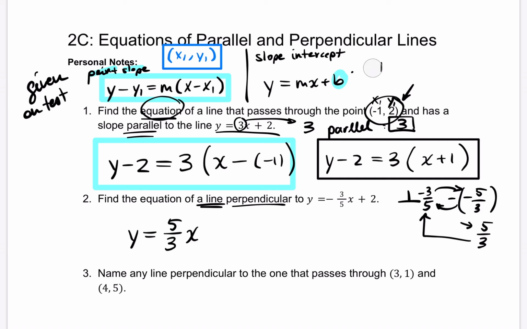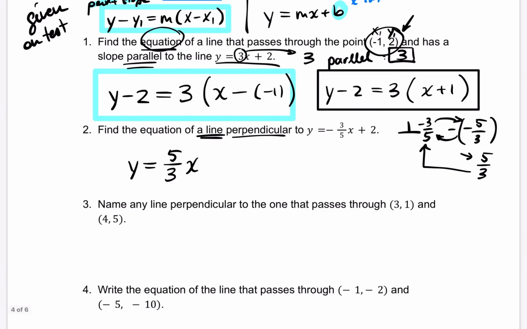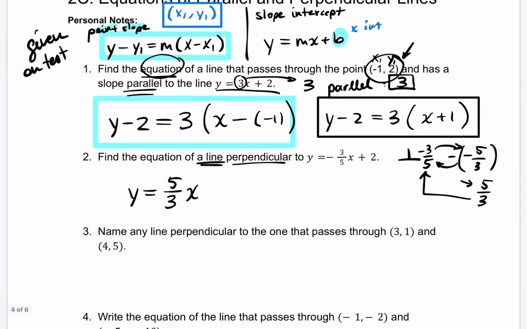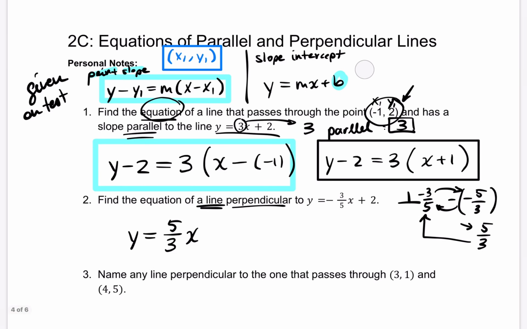This is your y-intercept. So it doesn't really matter what you pick for your y-intercept. If you plug in 0 for x, this would go away and you would be left with your y-intercept. But anyways.